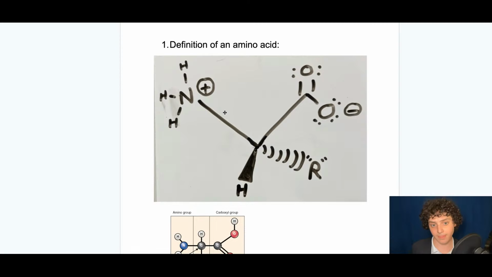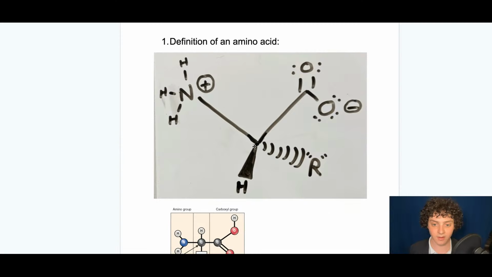So this alpha carbon right here, again, the carbon is implied by the angle, and I'm circling with the cursor here, that atom is bound to an H, the R group, which could be 20 different things, the carboxyl group, and the amino group.